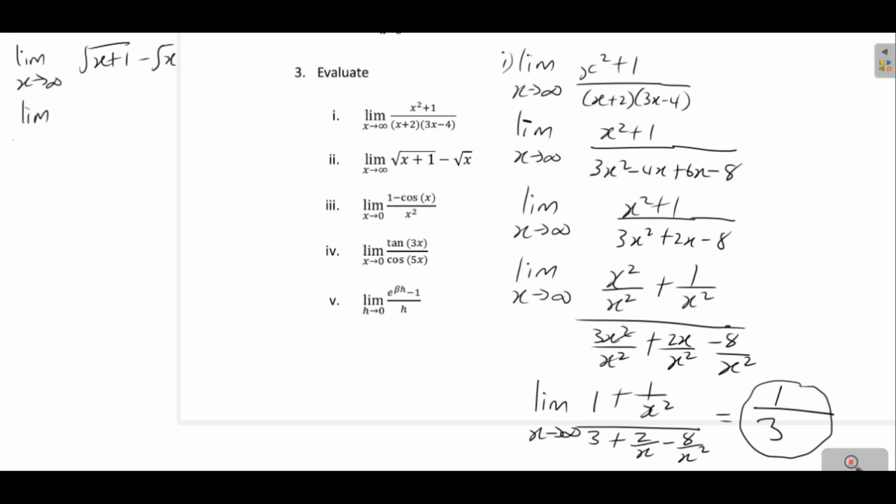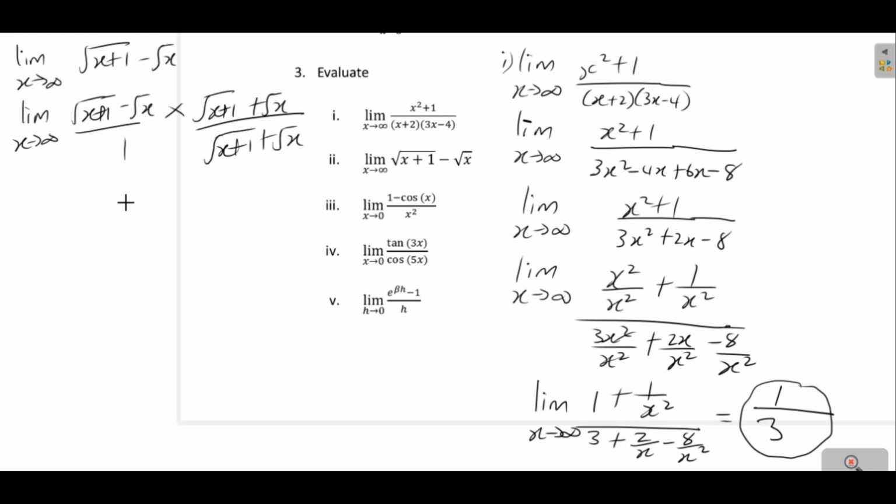So we are going to have the limit as x approaches infinity of root of x plus 1 minus root of x. We are going to multiply this by the conjugate. So we will multiply this expression by the conjugate of this, both numerator and denominator. So we are going to have root of x plus 1 plus root of x over root of x plus 1 plus root of x.